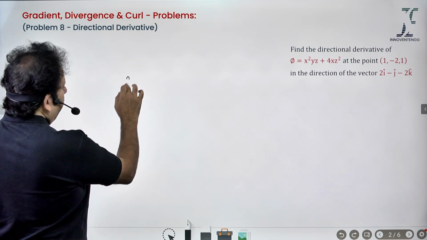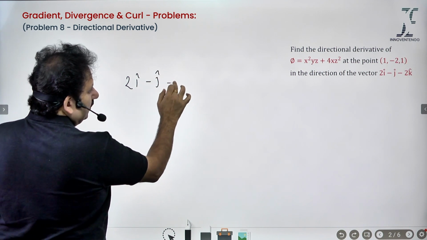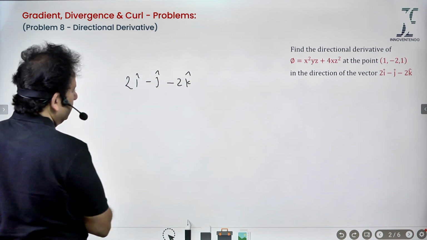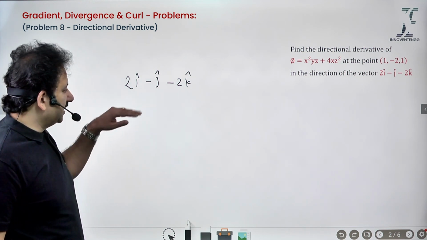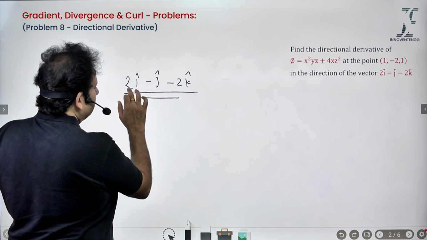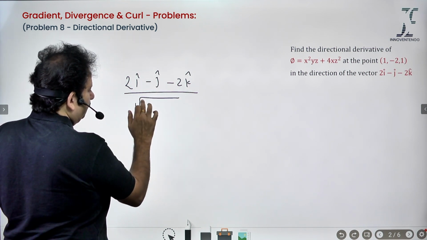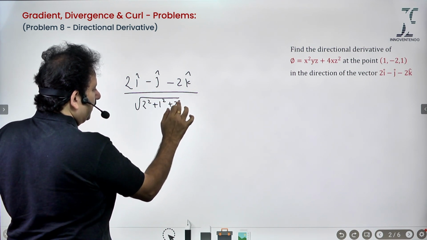So if I have the vector 2i minus j minus 2k, this is my vector, and the unit vector whose direction coincides with this vector is given by dividing by its magnitude, which is the square root of 2² plus 1² plus 2², that is 4 plus 1 plus 4.